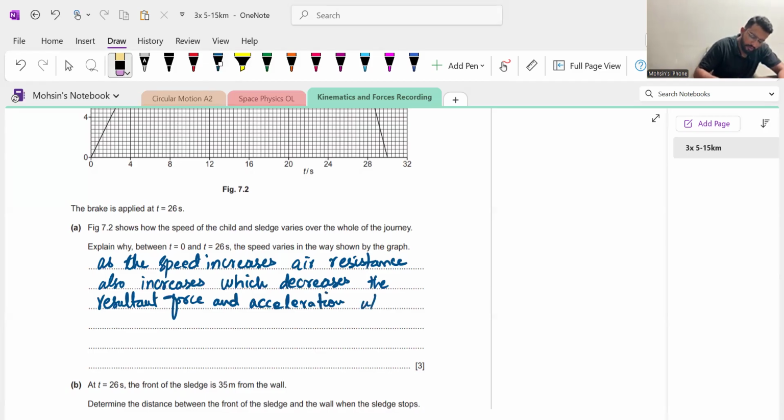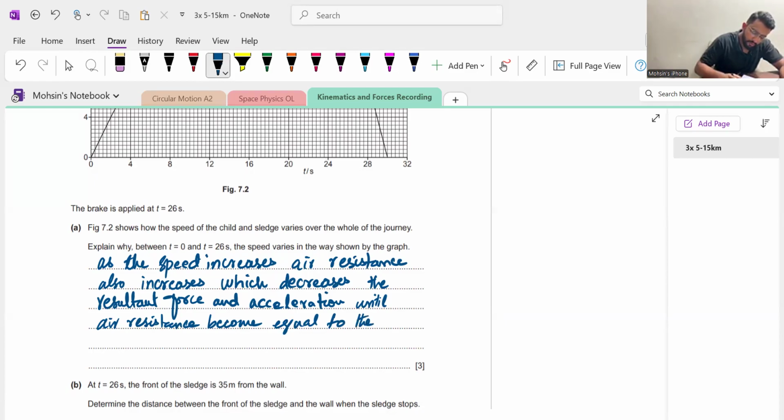until air resistance becomes equal to the force driving it downward.